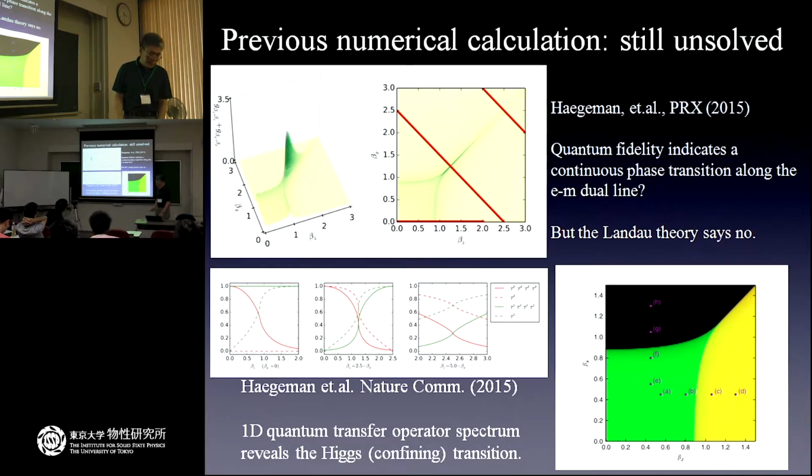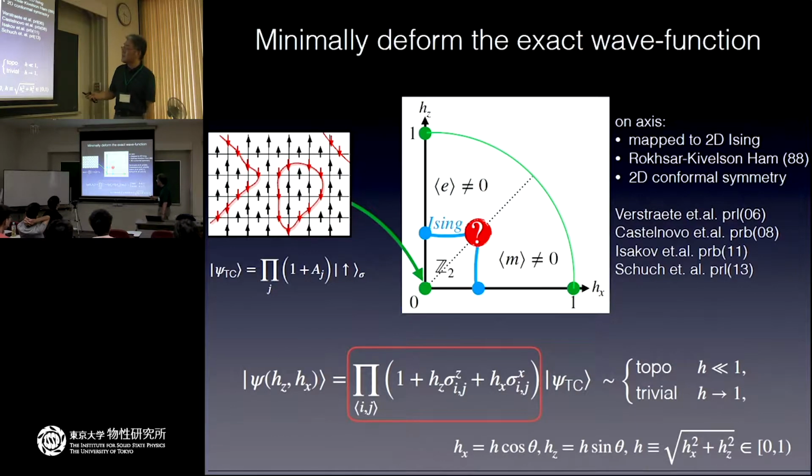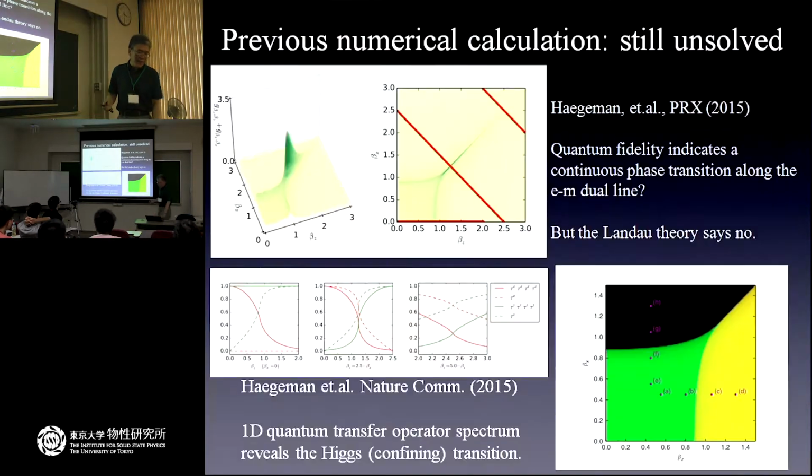What was the Hamiltonian that you studied? Actually, there's no Hamiltonian at all. We just have this deformed wave function. Afterwards I will show how to calculate the phase diagram from the deformed wave function.